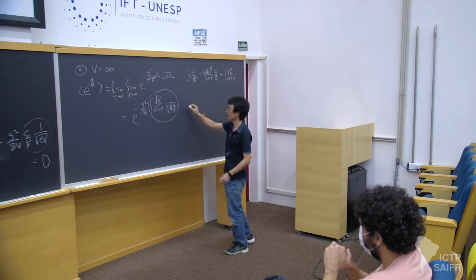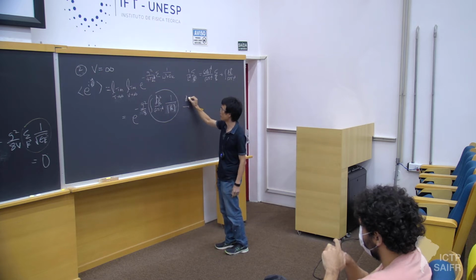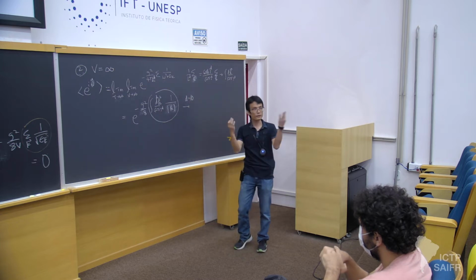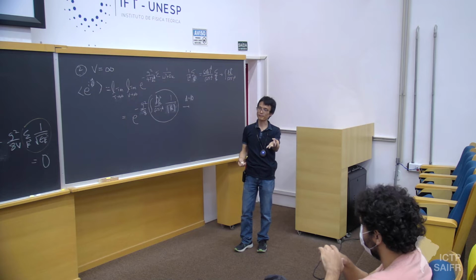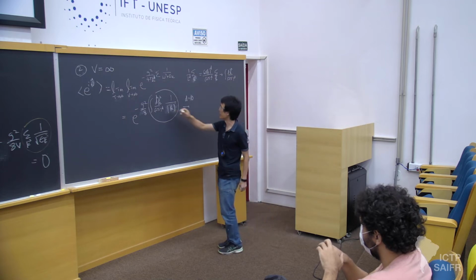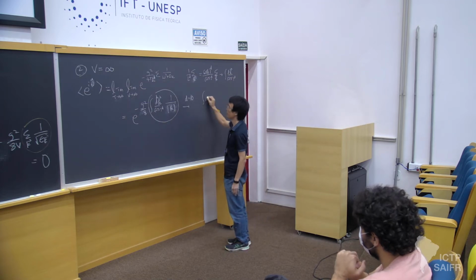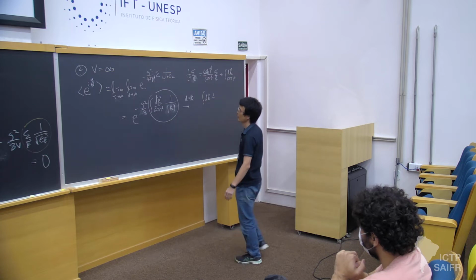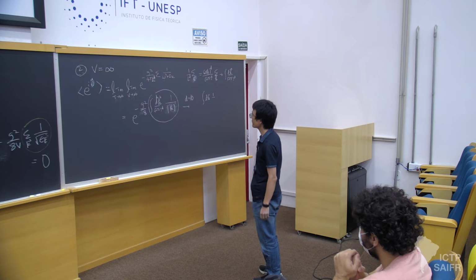So let's do it. So let's consider first d equals 0. That's the zero-dimensional trivial case, only one rotor, right? But let's do it anyway. In that case, this integration is just dk 1 over... There's no integral.